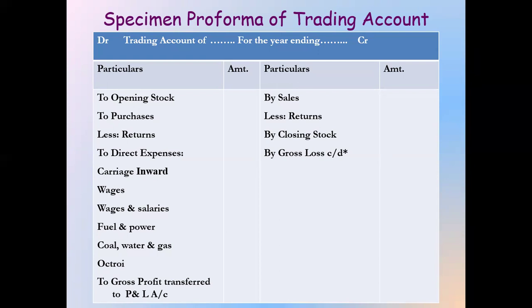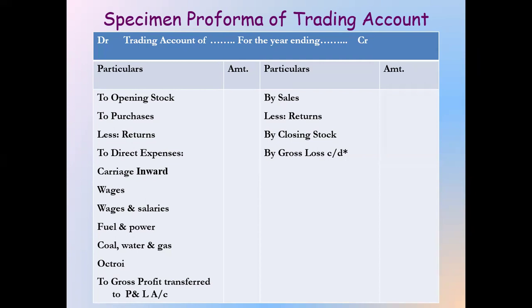And now the direct expenses. All the expenses directly involved in the business are known as direct expenses, such as carriage inward, wages and salary, fuel and power, coal, water and gas, octroi. Then comes sales. From the sales we deduct the sales return, along with the closing stock.